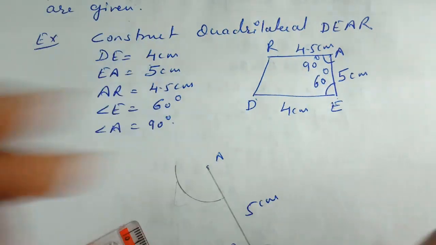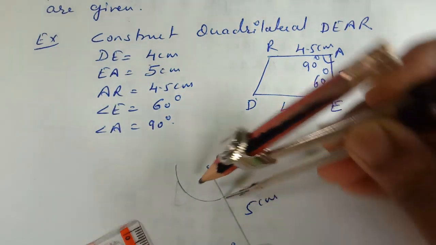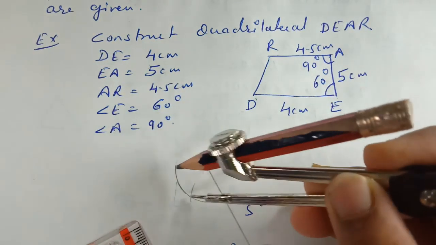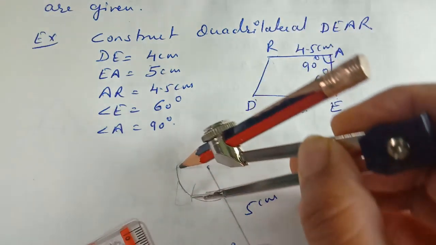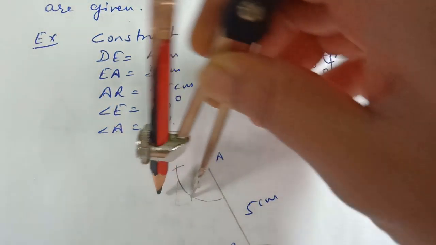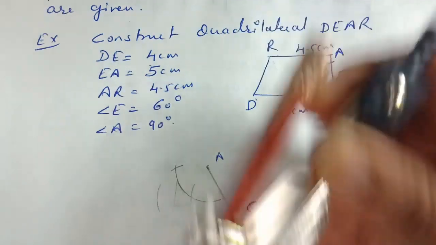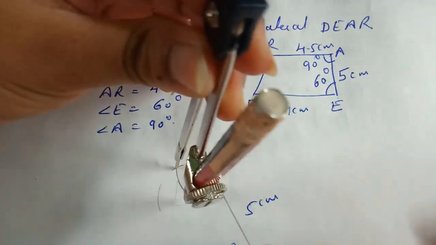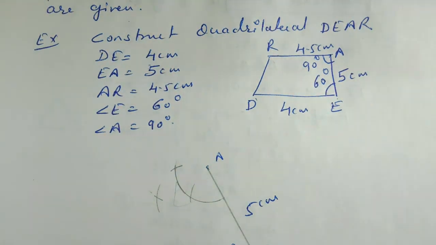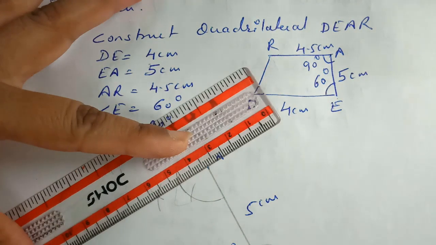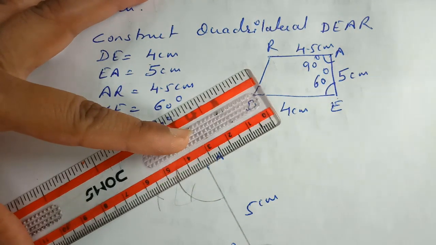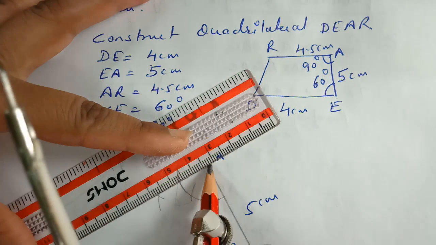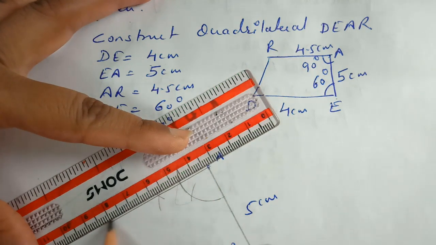Then make a cut of 60 degree, then a cut of 120 degree, then for 90 degree make a cut in the front, keeping the compass at the 120 degree cut. You will get the point, just join it, this will be the angle of 90 degree.